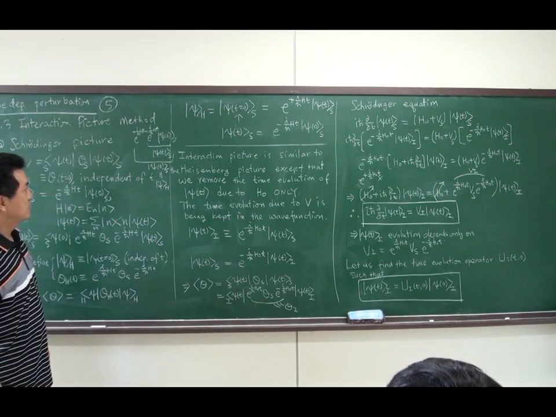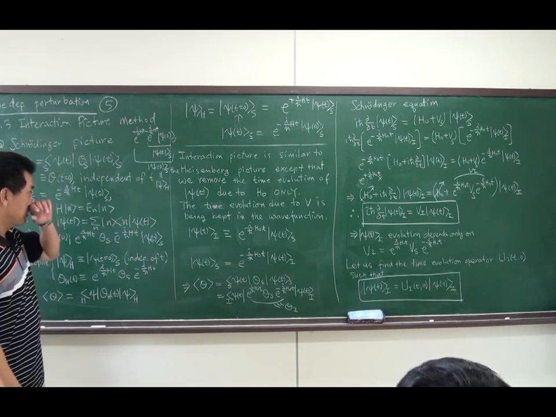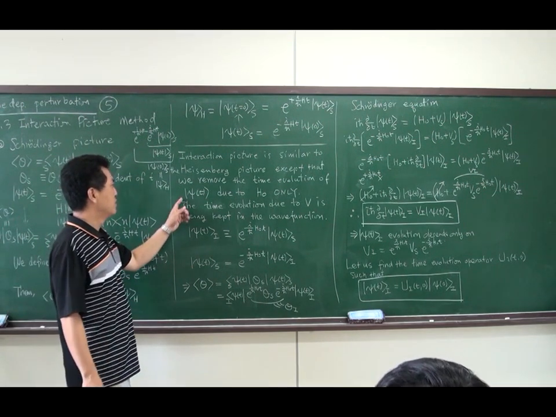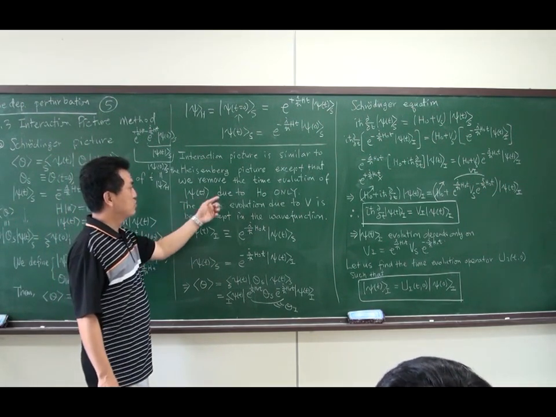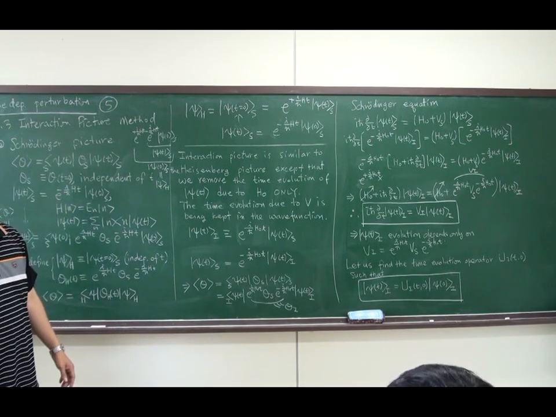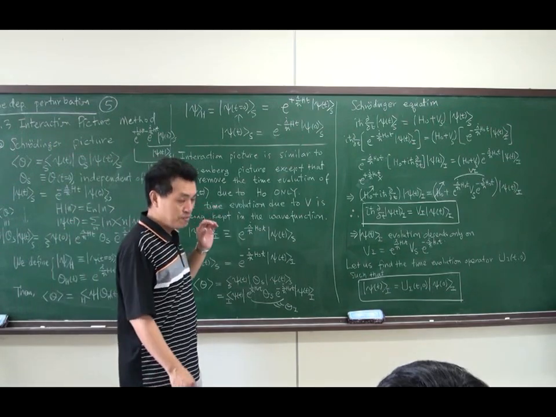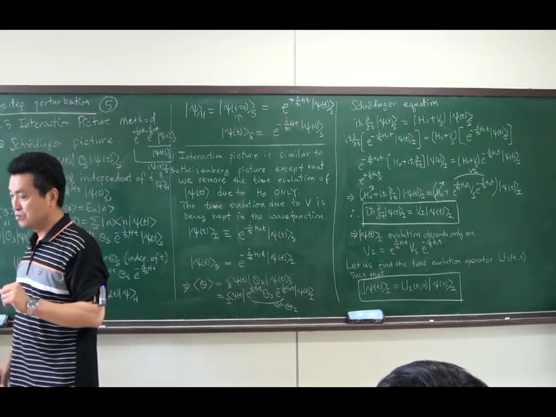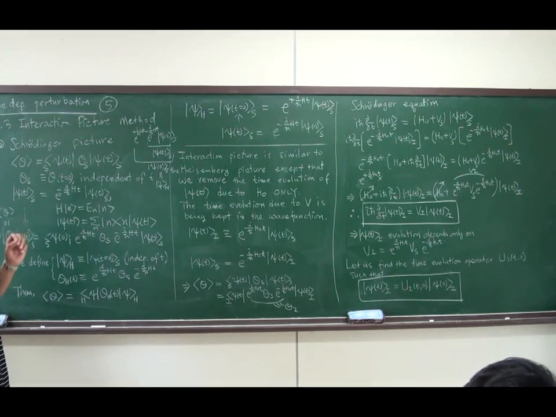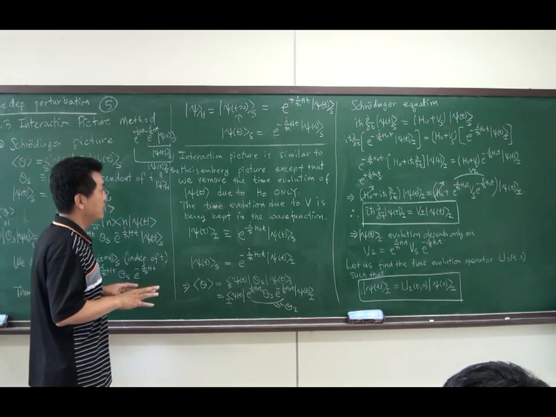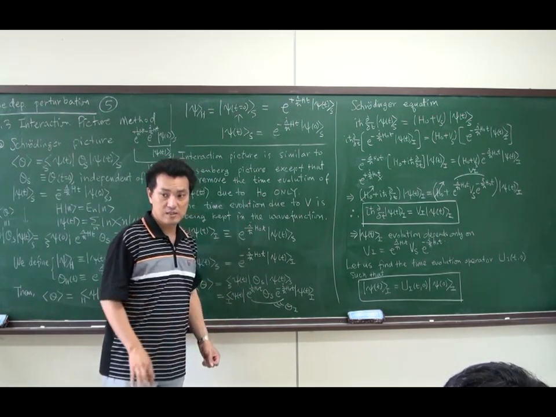So the interaction picture is similar to the Heisenberg picture, except that we remove the time evolution of the state due to H0 only. The reason is that in the previous derivation of Fermi's golden rule, the contribution of H0 in the equation cancels between the left-hand side and right-hand side, and only the effect of the potential survives. So that is the reason why we want to remove the H0 effect.